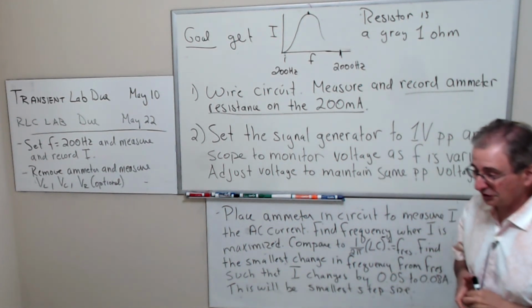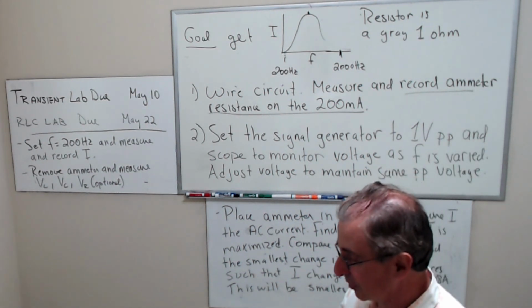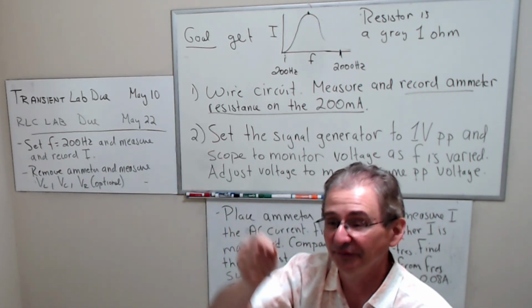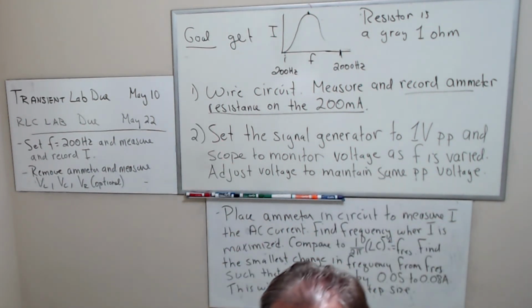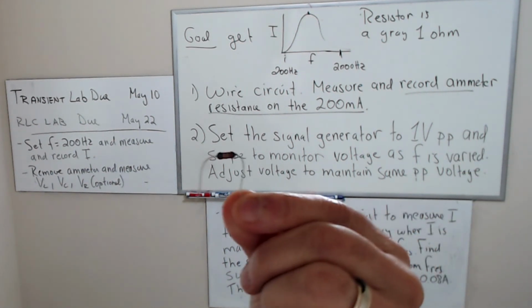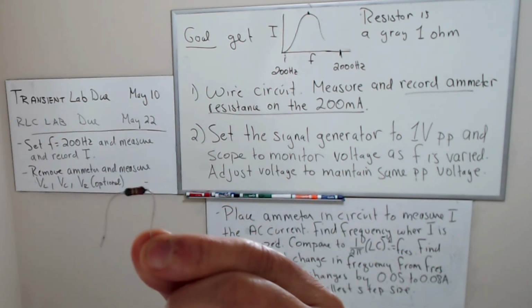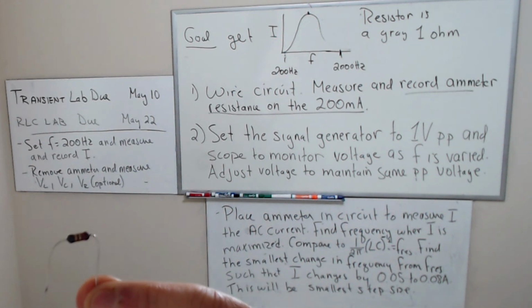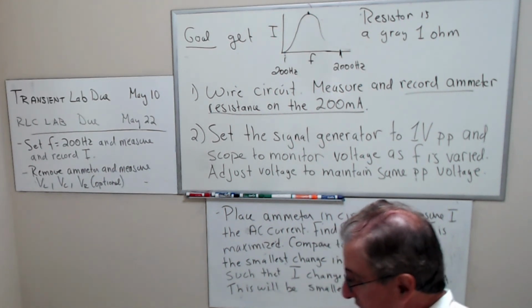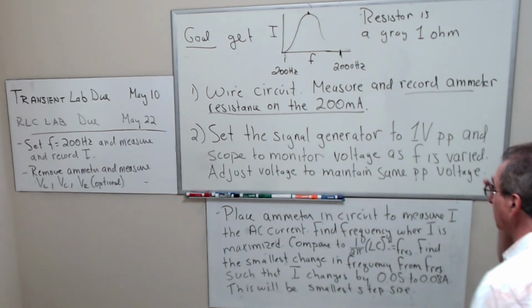Okay, the resistor you'll be using is 1 ohm. It's gray in your kit. Can you guys see that? Yeah. Okay. So that's the resistor you're going to use. The inductor is 10 millihenries, and the capacitor is 4.7 microfarads.